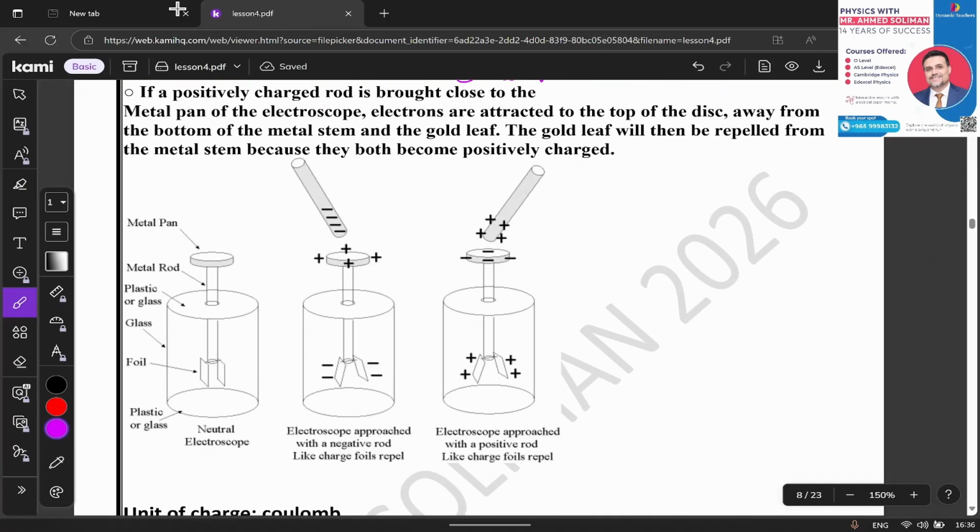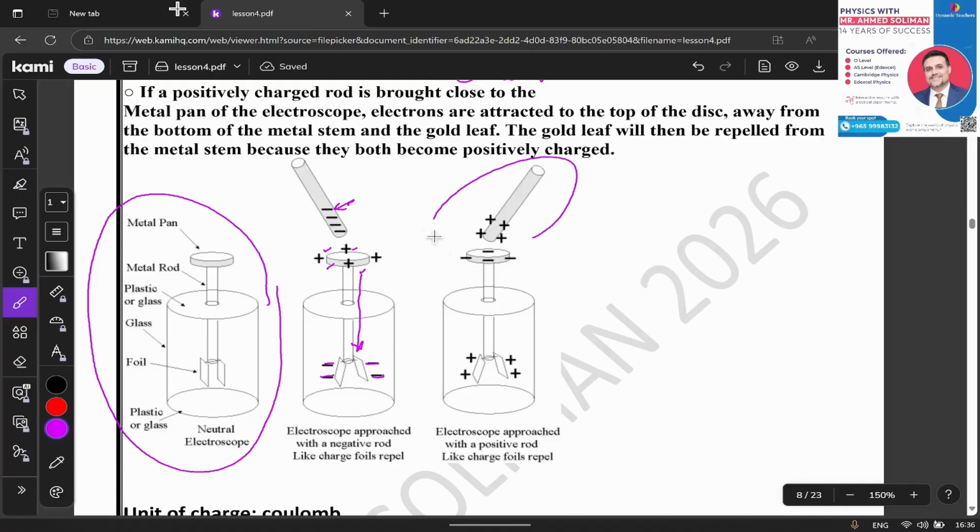The gold leaf electroscope itself doesn't carry any charge. If we bring a negative rod closer to the electroscope, the negative charge here will escape to the gold leaf. So now we have negative and negative, so it will repel. This also happens if we bring a positively charged object closer to the electroscope.